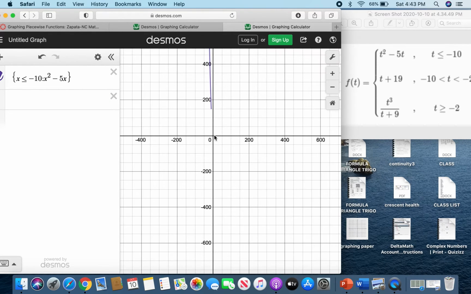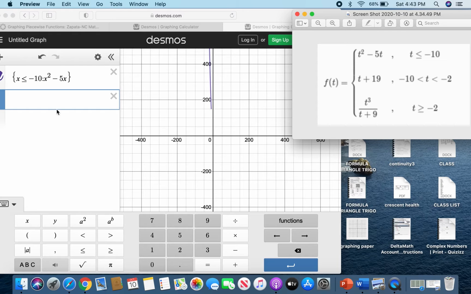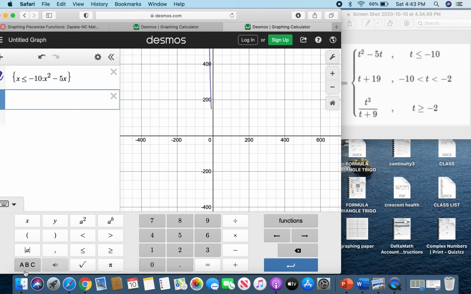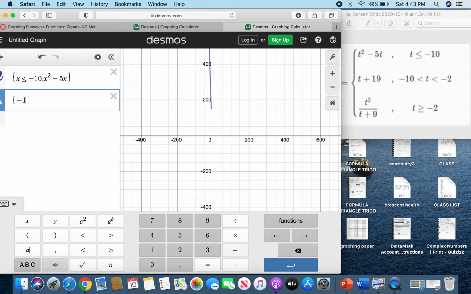Next, you have negative 10 is less than t, which is also x, and less than negative 2.